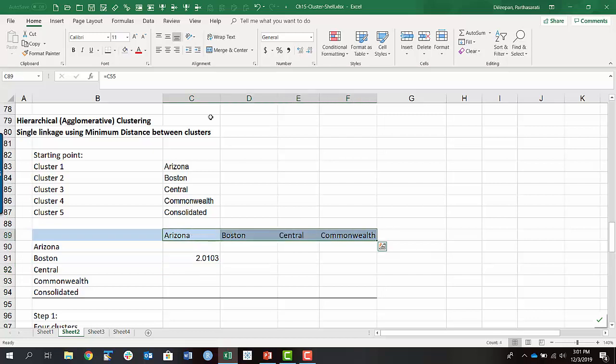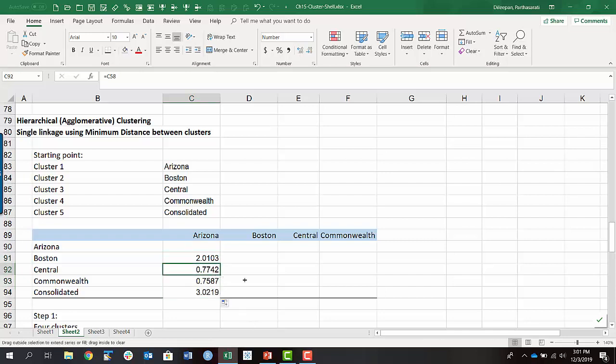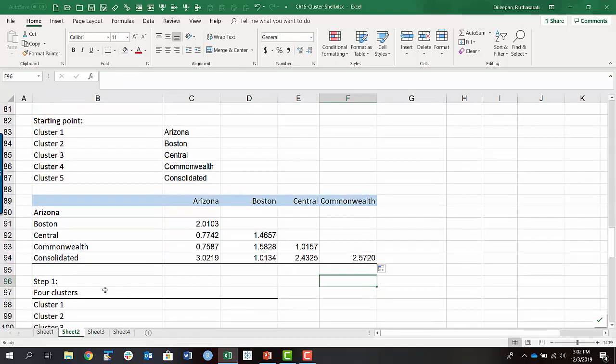Okay, so now we have all the distances. In step 1, remember, we're going to combine clusters that are closest to each other.